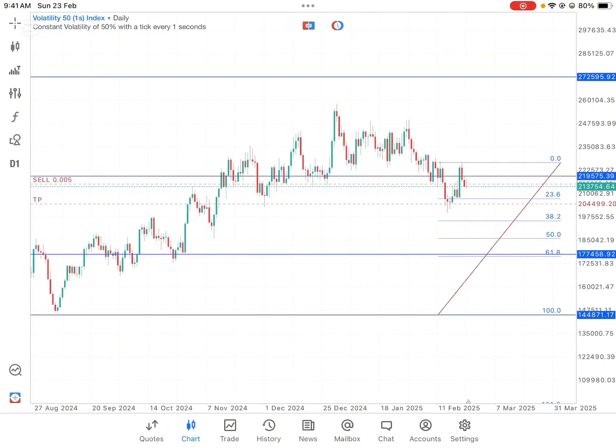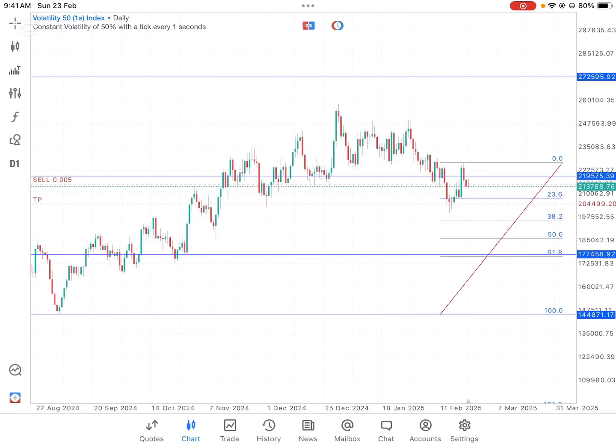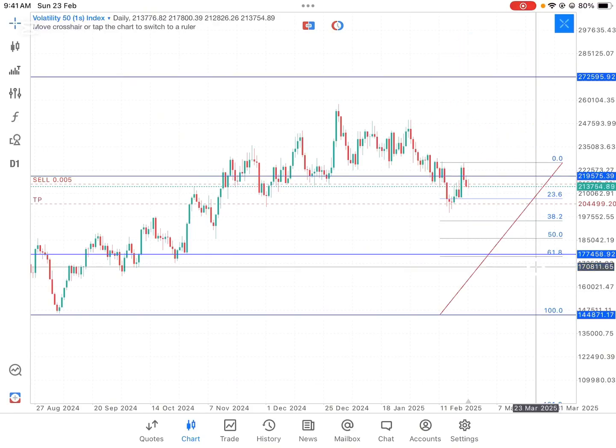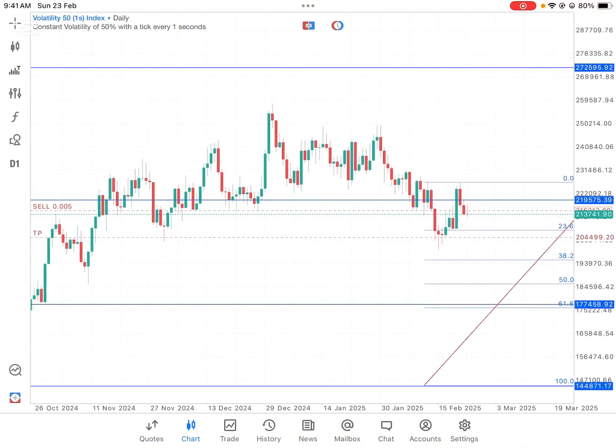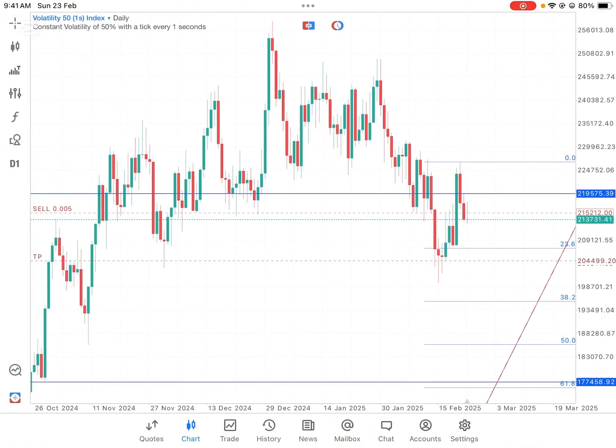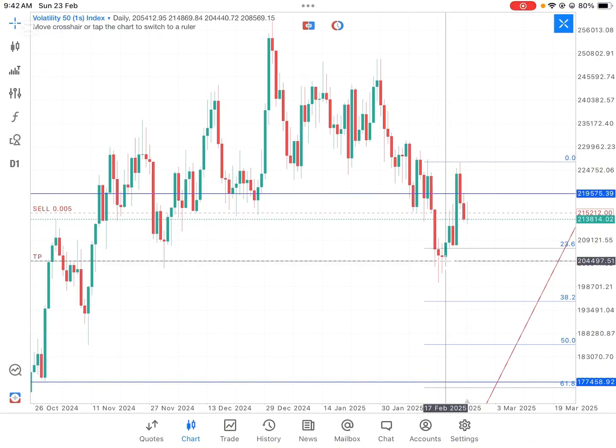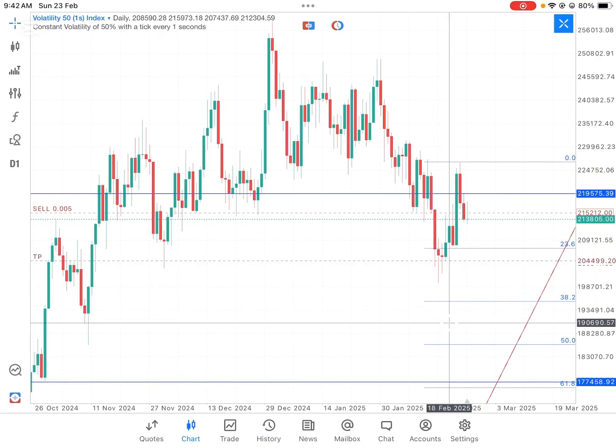You can see that our 61.8 value is resting on this zone where I said if price could break this low, if price breaks this TP here, then you can take more sells down to this 61.8 value level, which is here. So even without the Fibonacci level, trying to get the percentage value where you could be aiming at, see, we got it right.